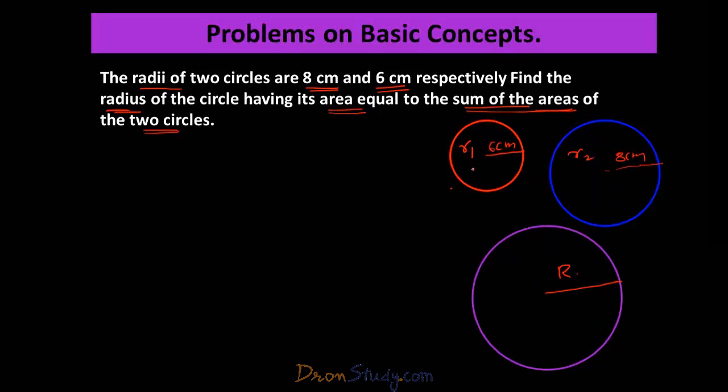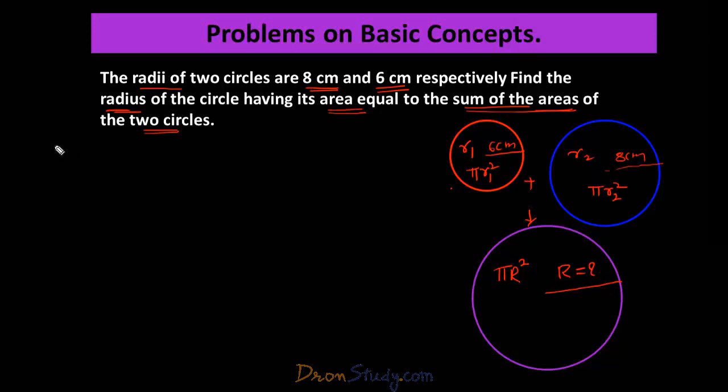So the area of the first circle will be given by pi r1 square. The area of the second will be given by pi r2 square, and the area of the third will be given by pi r square. And it is given that the sum of these areas is equal to the area of the third circle, and we have to find the radius.